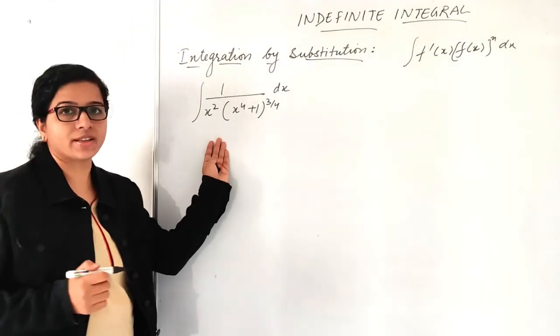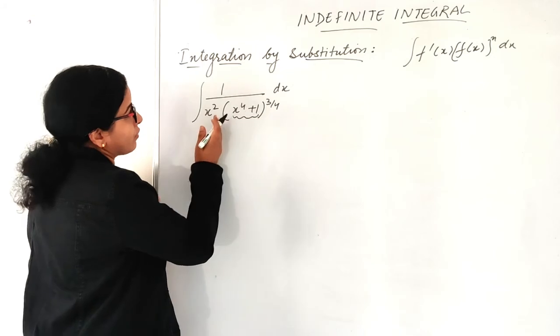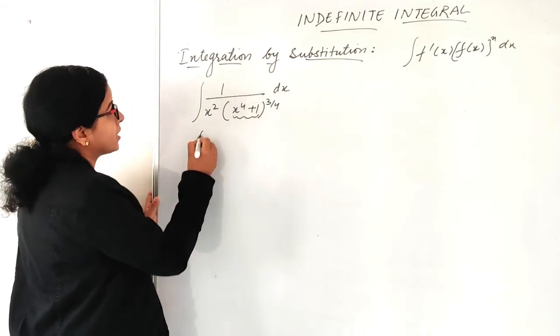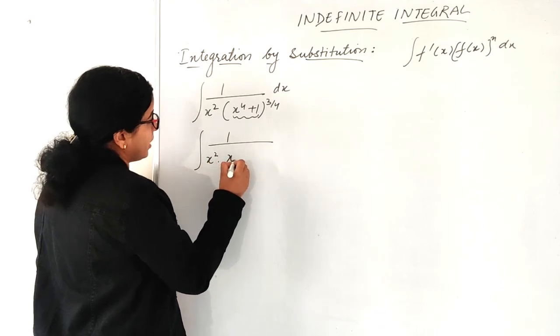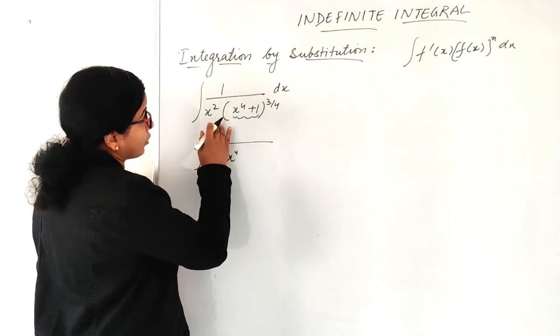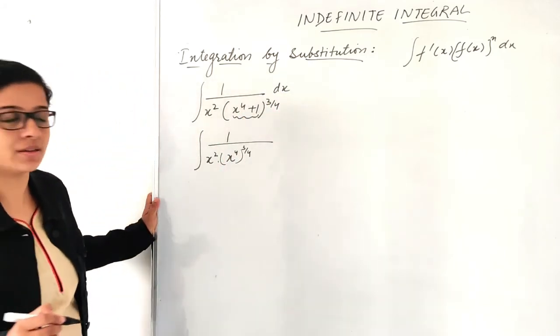So students, let us check this part now. So what I am going to do, I will take out x to the power 4 outside from this bracket. Correct? 1 upon x square into, I am taking out x raised to the power 4 common, but it has power also. I am going to write like this. Okay?